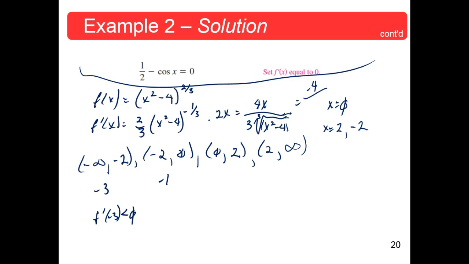I don't know what it is, but I know it's negative. And 3 times a negative is negative. So negative divided by negative is positive. Your first derivative, f prime of -1, is greater than 0. So what do we know we have here? At -2, a minimum.